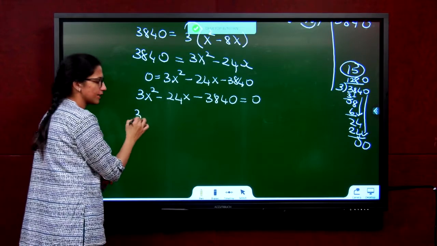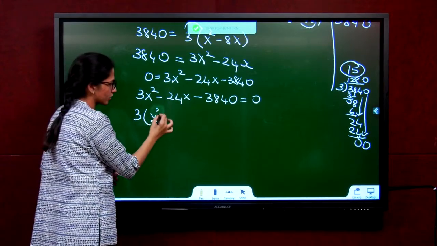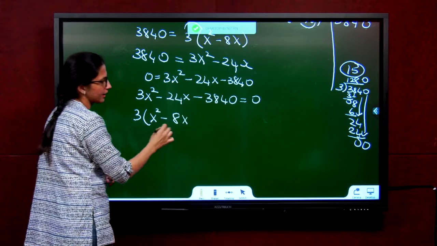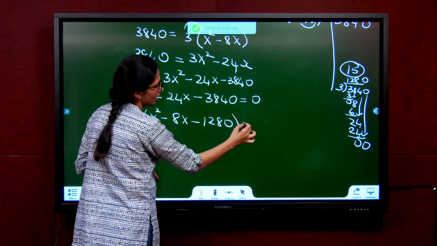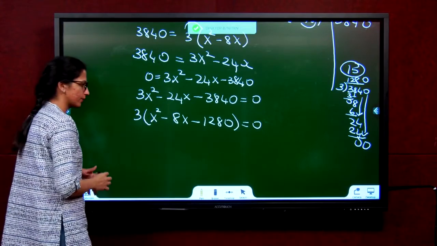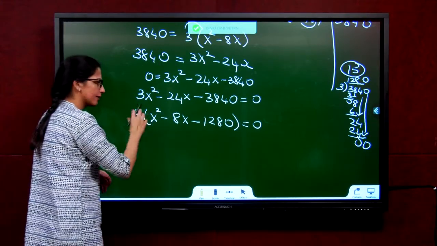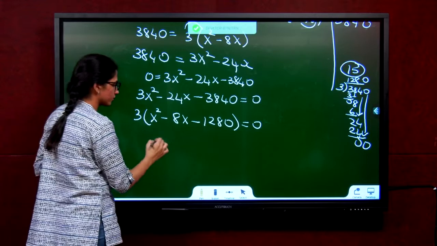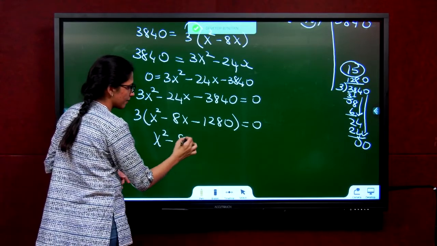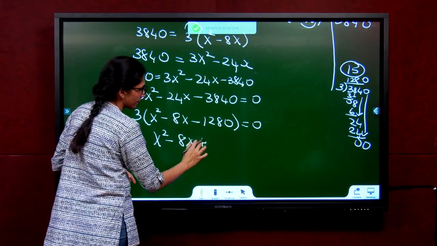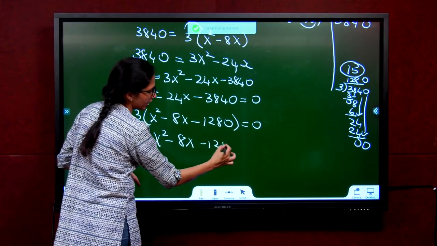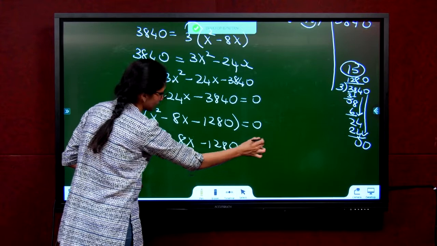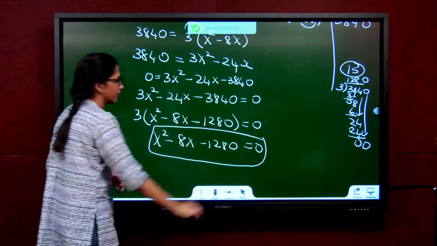So if I take 3 common here, I get x square minus 8x minus 1280 is equal to 0. Send the 3 that side, 0 by 3 is 0, it vanishes. X square minus 8x minus 1280 is equal to 0 is my quadratic equation.